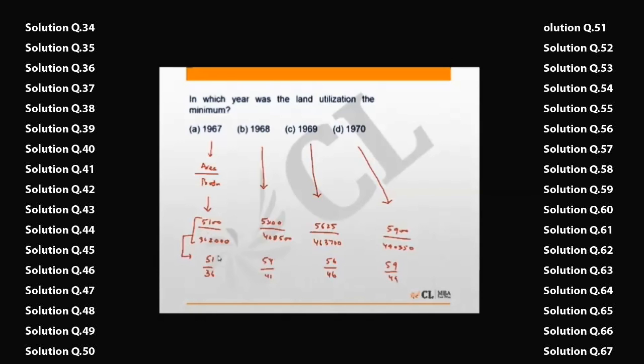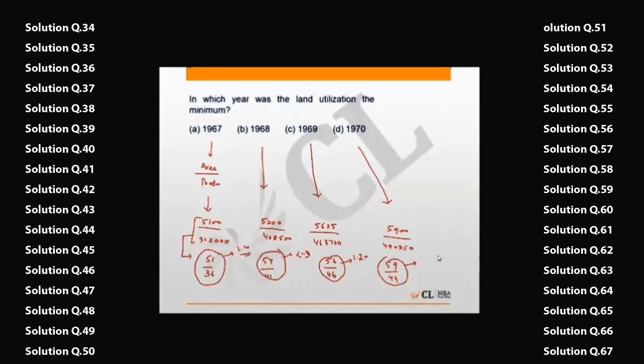So I am now going to compare only these factors, right, and find out which of these is the least. So we can see this is almost 1.4 times approximately. This is less than 1.4 times. In fact, this is close to about 1.3 times, and this is between 1.2 and 1.3, 1.2 plus.